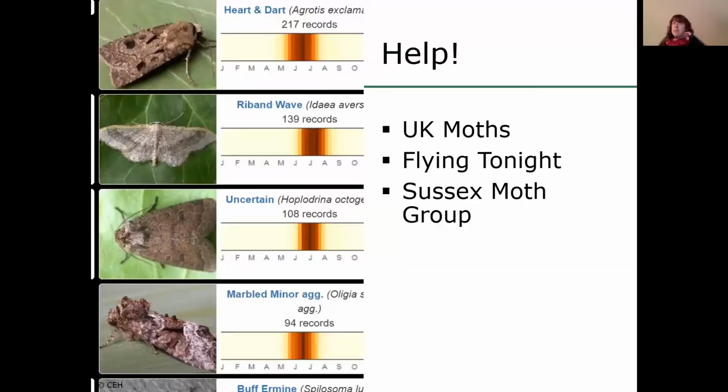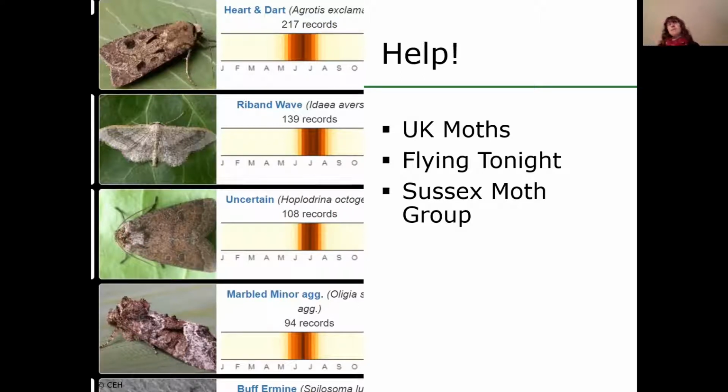There are some other really useful websites as well for moth identification. There's a fantastic website called UK Moths, where you can search your species, and get lots of photos of it, including photos in different life stages. There's also something very useful called Flying Tonight. With 2,500 species, that's quite a daunting book to flick through if you don't know where to begin.